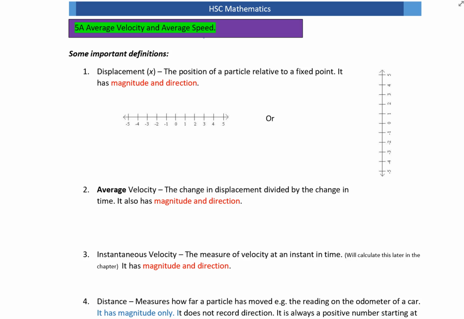And we talk about where a particle might be with respect to the origin. So we're really only talking one dimension here.